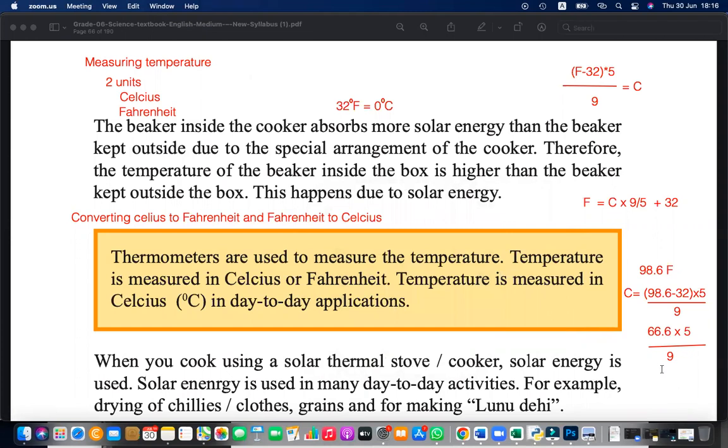This is how the conversion happened. Celsius is one unit and Fahrenheit is another unit. Sometimes we measure temperature in Celsius, sometimes in Fahrenheit.